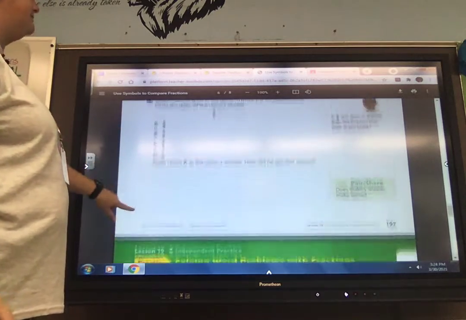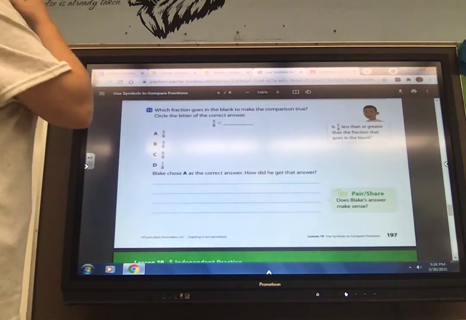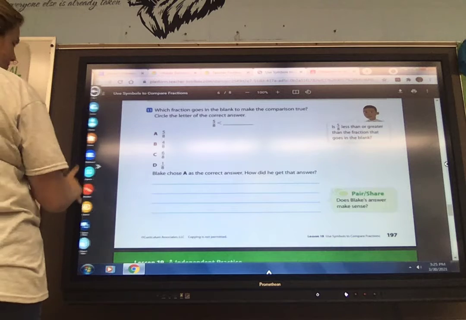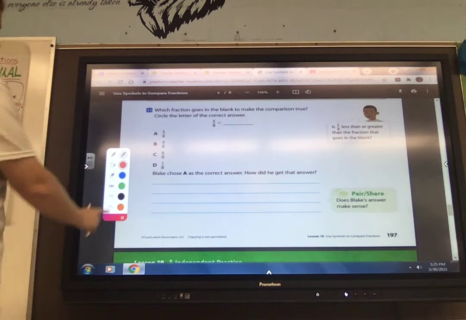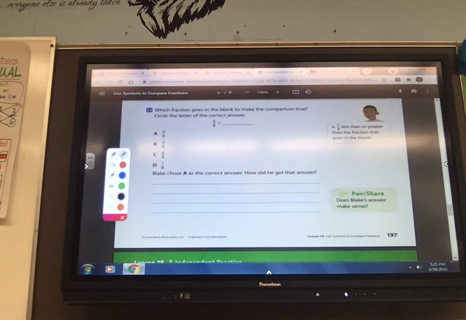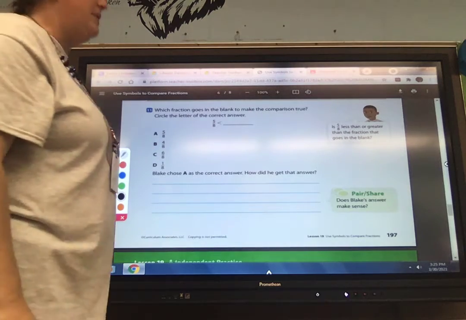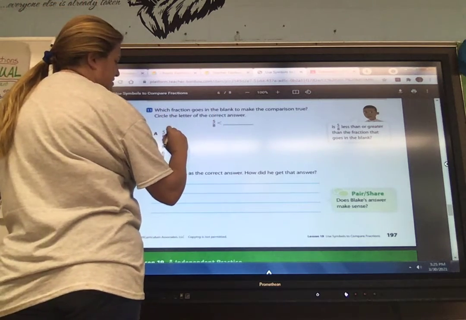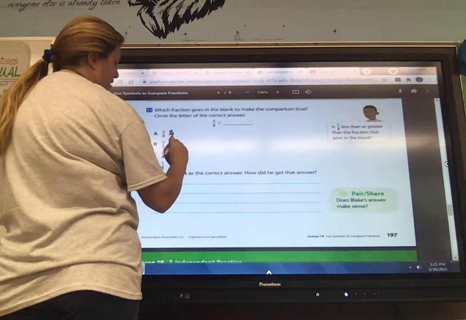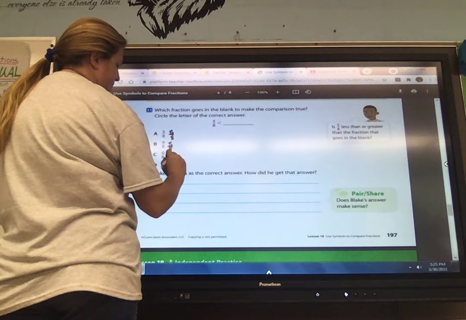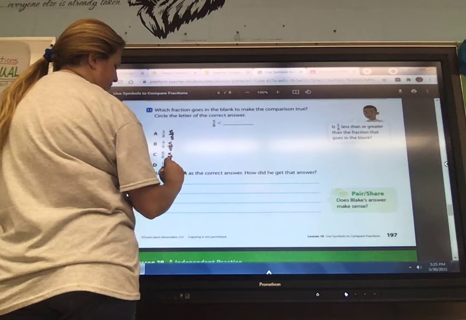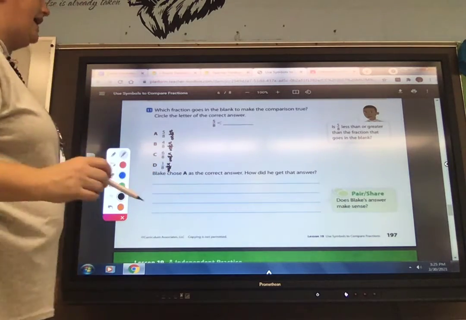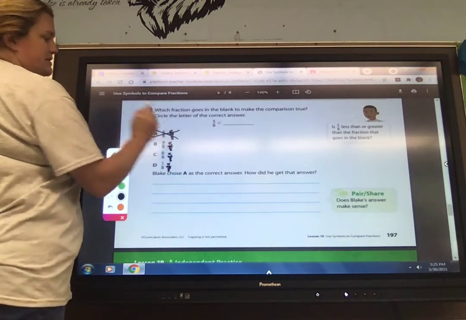Number 11. Which fraction goes in the blank to make the comparison true? So we've got to find one that I can butterfly with 5/8 and 5/8 be smaller. My suggestion is to write 5/8 next to all of these so you can butterfly them. I already know A is not going to be smaller because they're exactly the same.